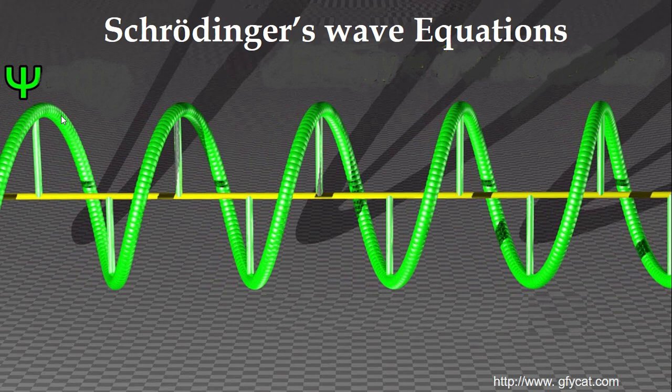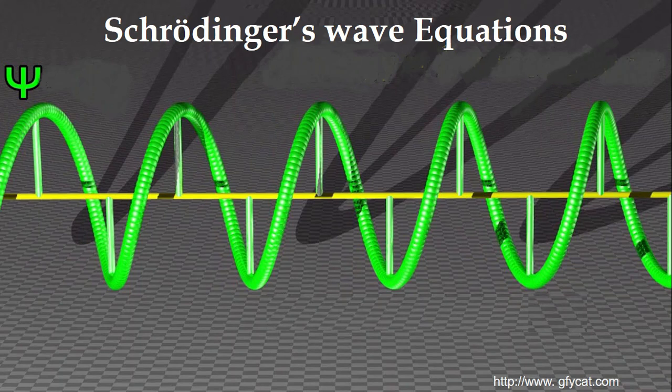So Schrodinger developed a wave equation for this matter wave, considering the electron wave, and this electron shows classical behavior just like an ordinary wave.